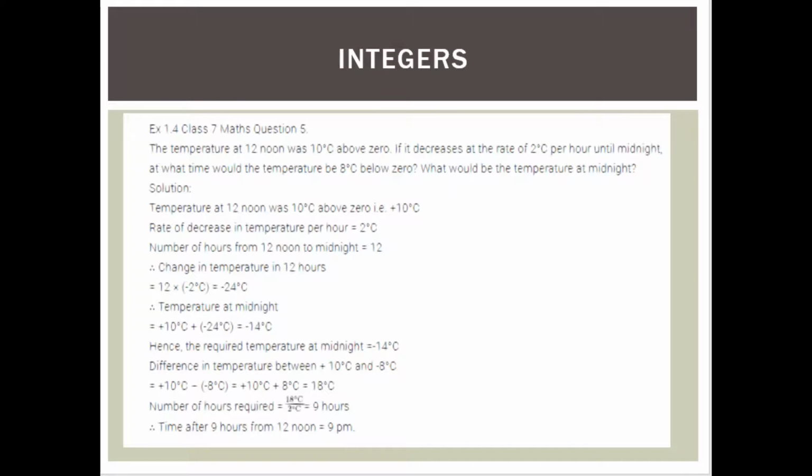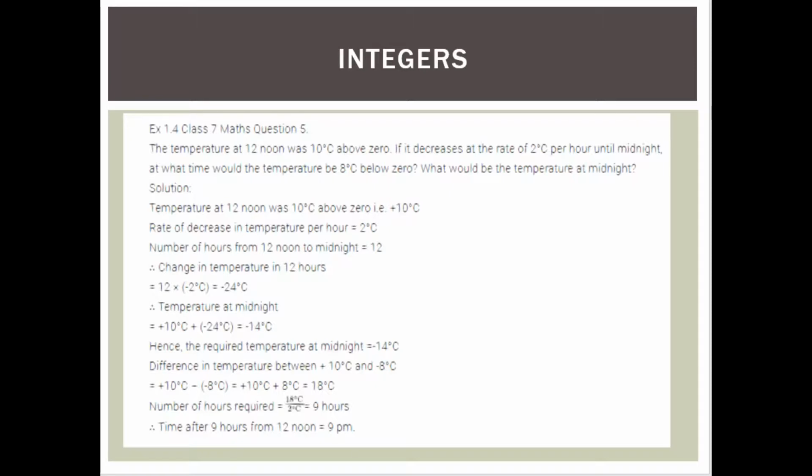Moving to question number 5. The temperature at 12 noon was 10 degrees Celsius above 0. It decreases at the rate of 2 degrees Celsius per hour until midnight. At what time would the temperature be 8 degrees below 0? What would be the temperature at midnight? Temperature at 12 noon was 10 degrees above 0, that is plus 10.